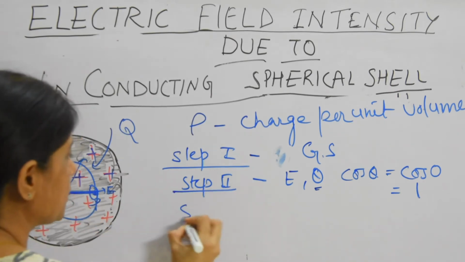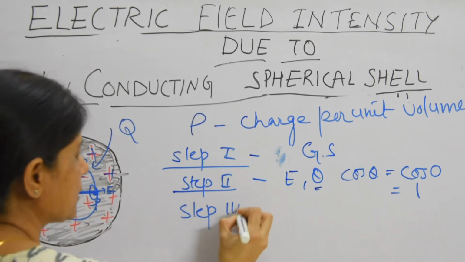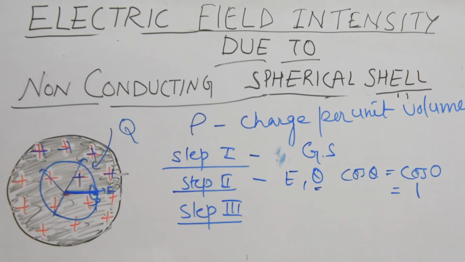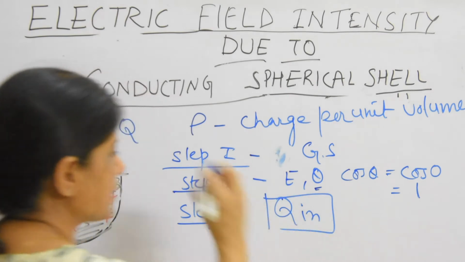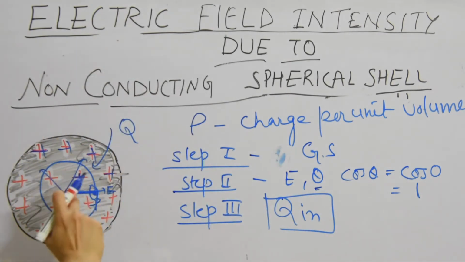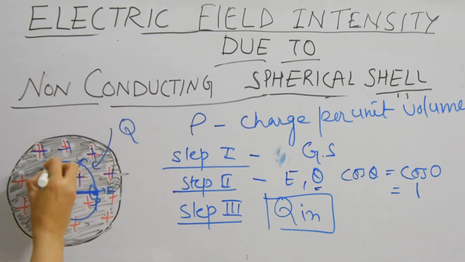And step number 3 is we have to calculate Q inside. This is a very important step. What would be the value of Q inside this Gaussian surface?